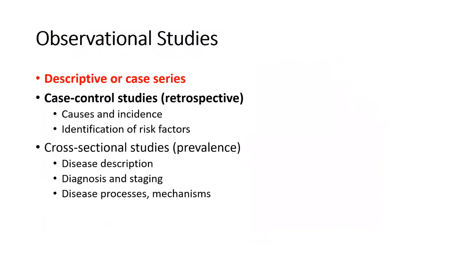On the one hand, they are like the case studies that I've just told you about, the Broad Street cholera outbreak, descriptive or case series, but they can also be a little bit more formalized. So case control studies, where you look back at what your experience is retrospectively and look at what could be factors affecting outcomes, basically looking at the past.